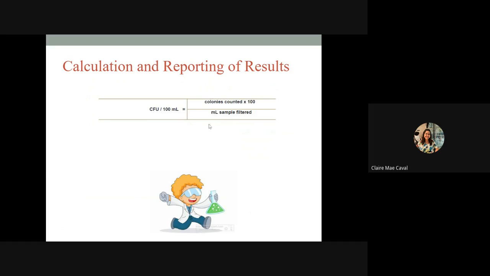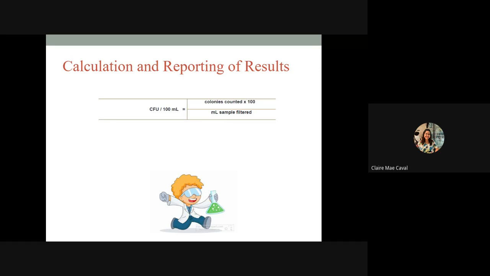Again, the volume of sample filtered is 100 ml, so you automatically just count the colonies. If the amount of sample is really insufficient, like only 50 ml, that's the time you count the number of colonies, then divide by the volume of sample, for example divided by 50 and then times 100. But the sample should really be 100 ml, that is the required volume of water sample for testing.